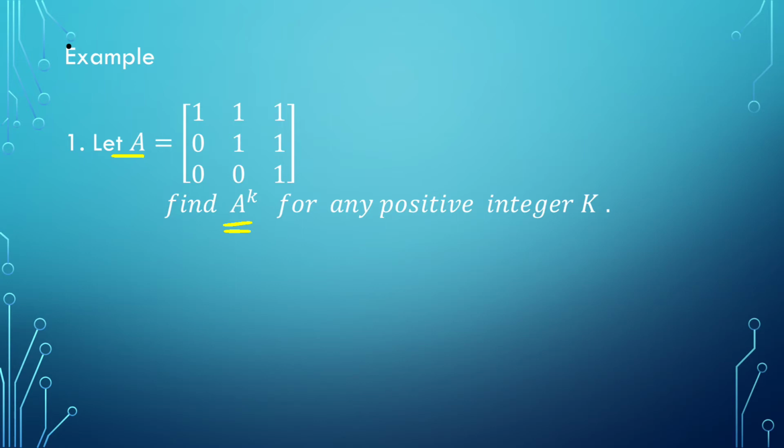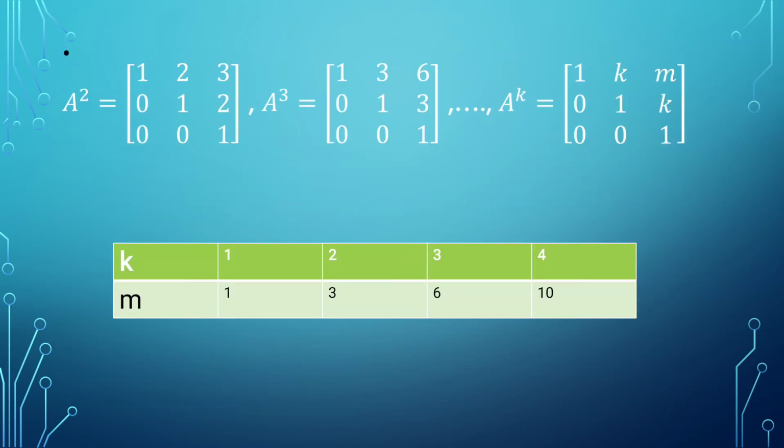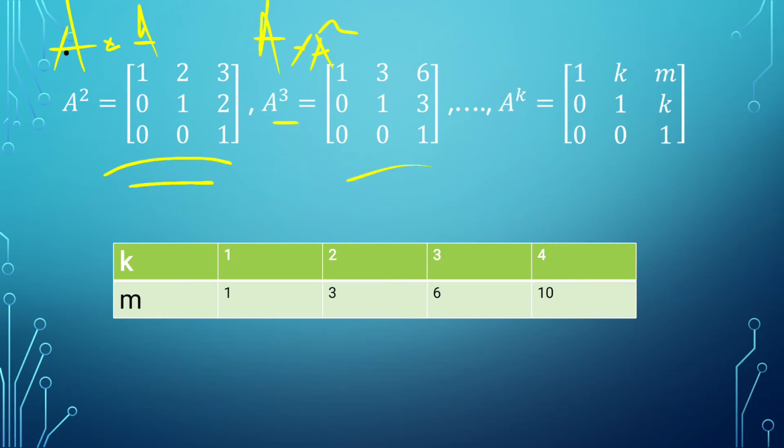This is generally what we are doing. We try to do A squared, and we know A squared is A times A, using the usual matrix multiplication. So we'll get this. Then this one is A times A squared. We'll get this.